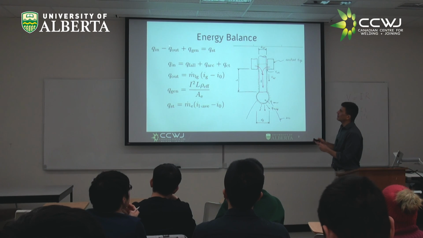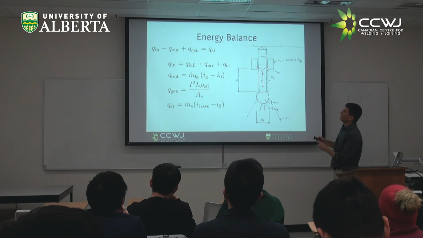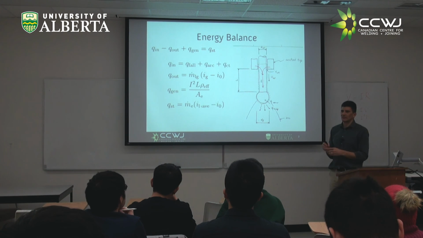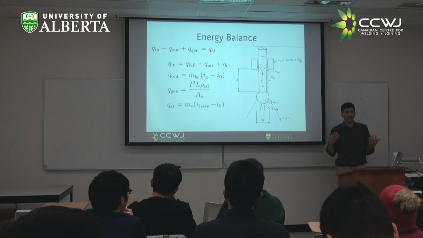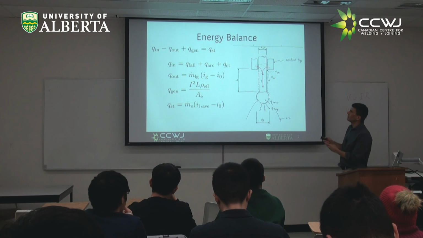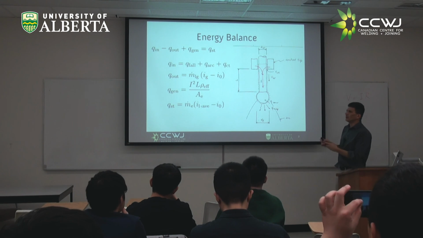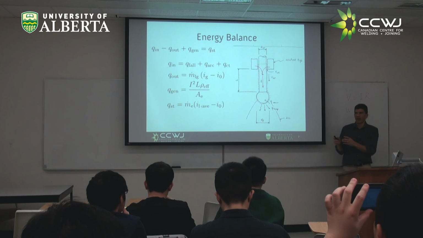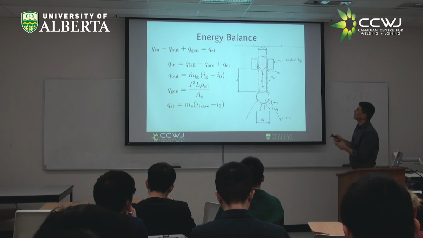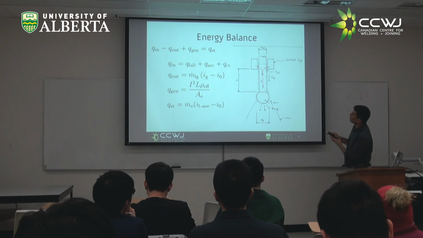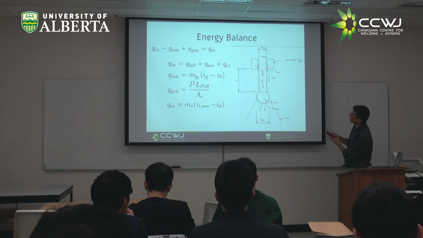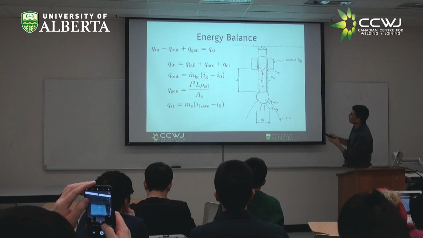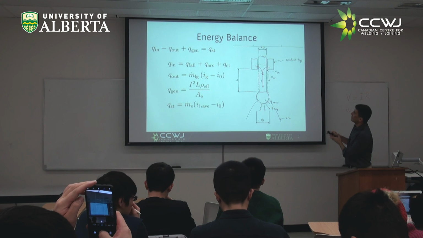The heat that comes in minus the heat that goes out plus the heat that is internally generated equals the heat that is stored. And as we discussed in the heat transfer class, you don't write this equation without having a control volume. And here's the control volume. So the control volume is the electrode extension all the way to the droplet.